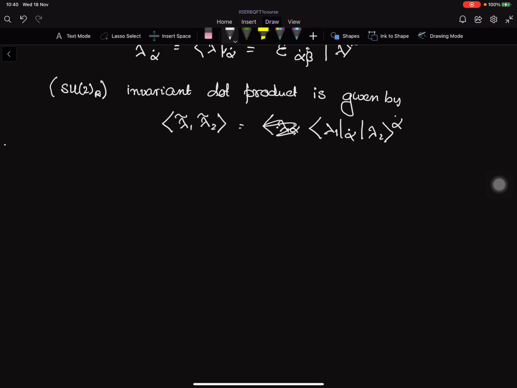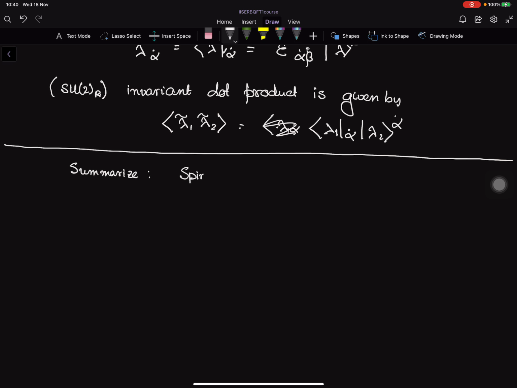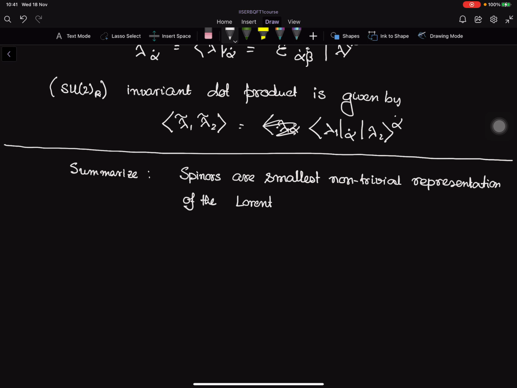Essentially, the spinors are the smallest non-trivial representation of the Lorentz group.